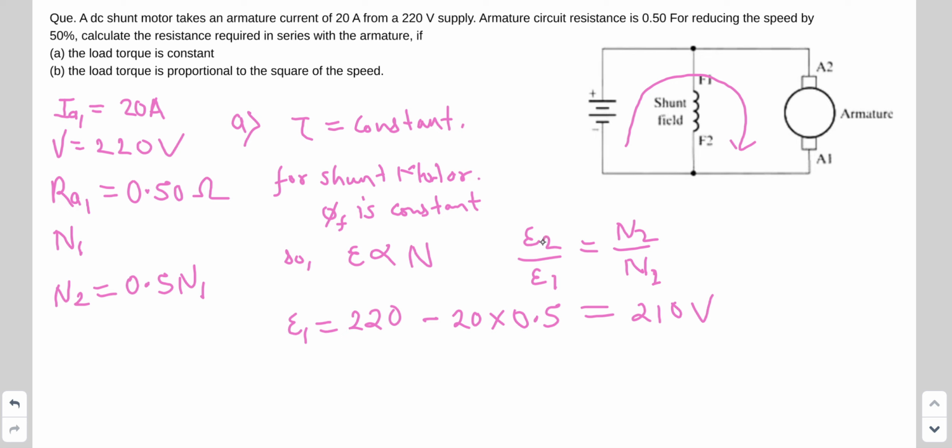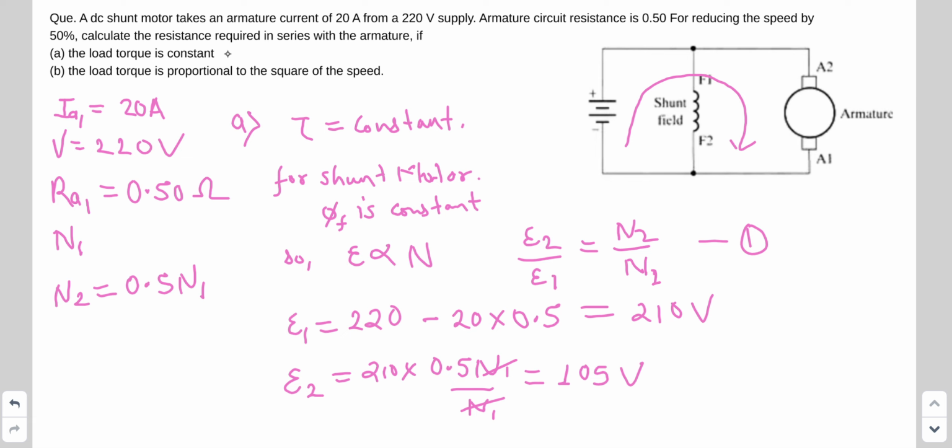Now we can calculate E2 by solving this equation. So E2 is equal to E1, 210, into N2, which is 0.5 of N1, divided by N1. So it will cancel out and our answer will be 105 volt.